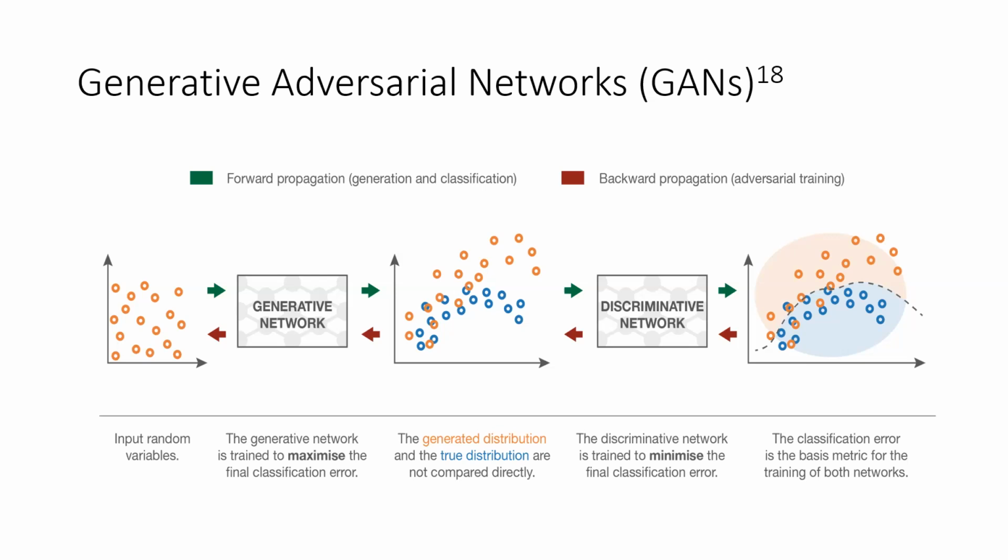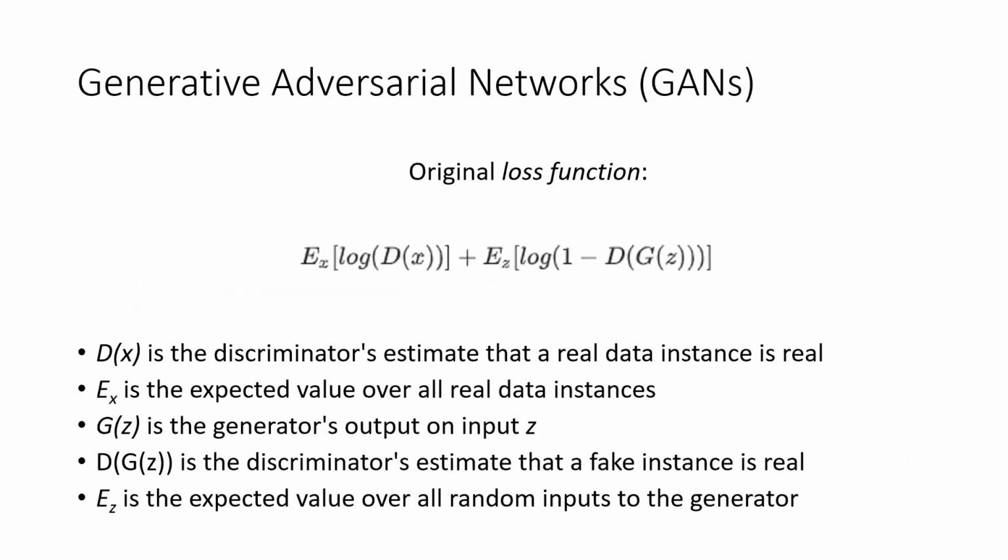We'll see that. And the loss function, the original simple form that appeared in the original GAN paper, is the same for both generator and discriminator.